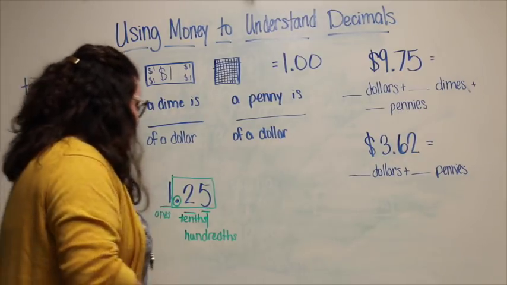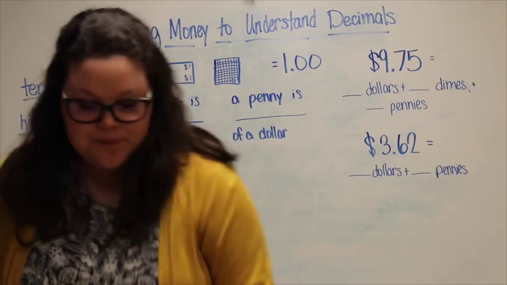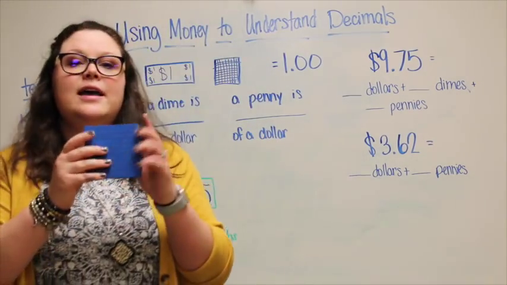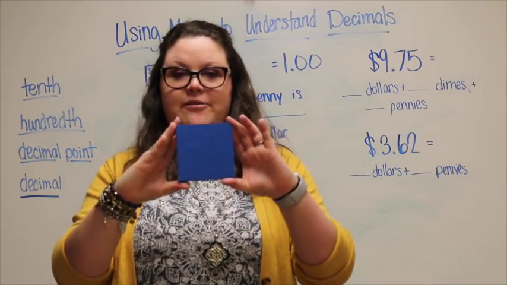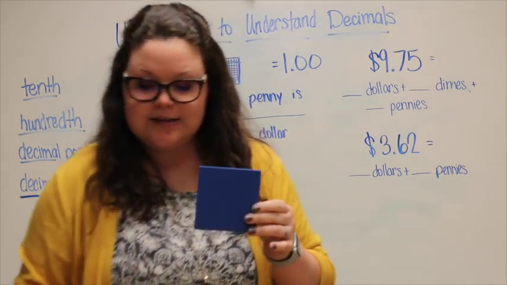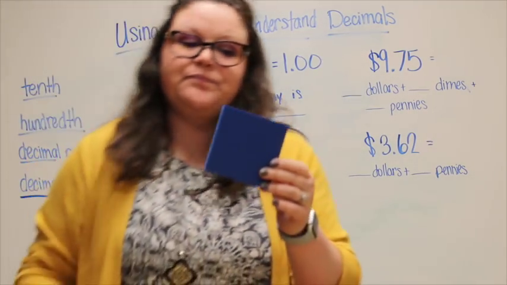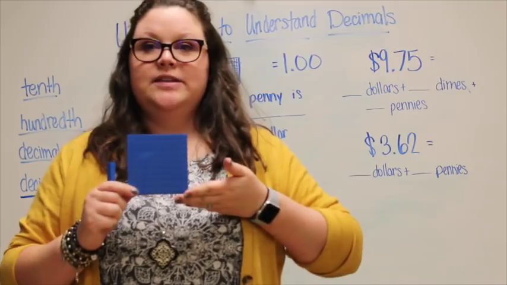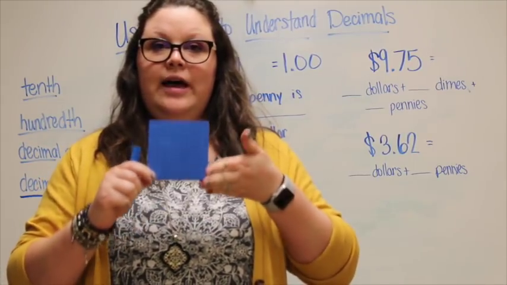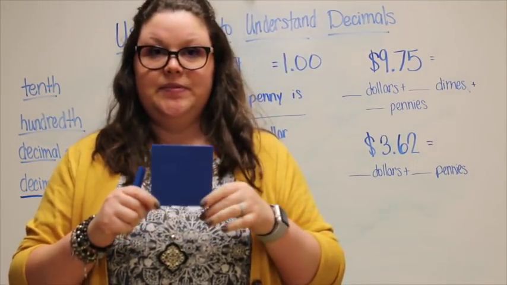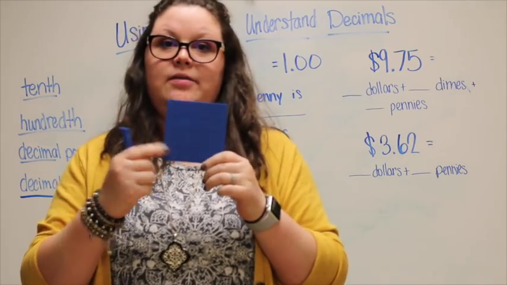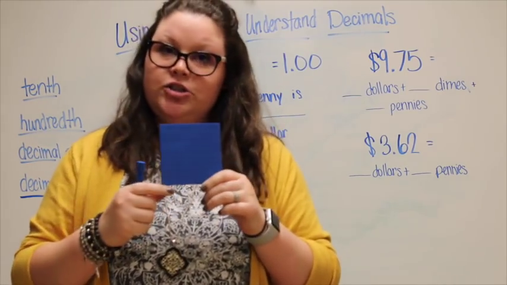So to help us understand a little bit better, I have a hundreds flat. You have probably used these in your math class. So we are going to say that this is one whole hundreds flat. This is 1. This is not 100.